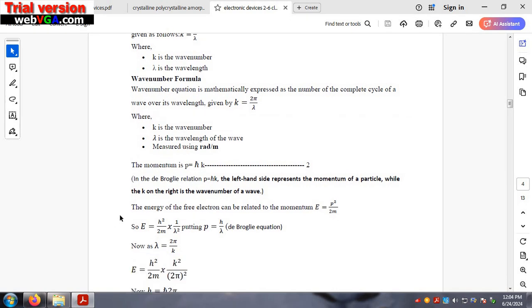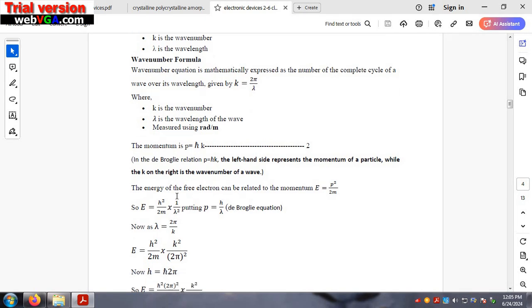The momentum, defined by p, is the reduced Planck constant times k. In the de Broglie postulate, the left hand side represents the momentum of the particle, p, while k on the right side is the wave number of the wave. The energy of free electrons can be related to the momentum: E equals p square by 2m.